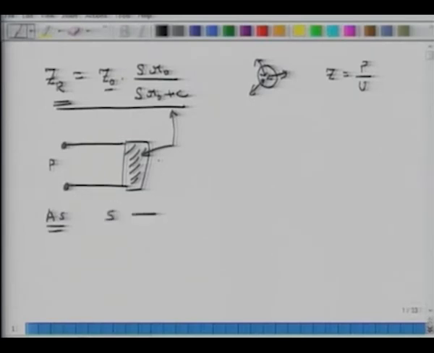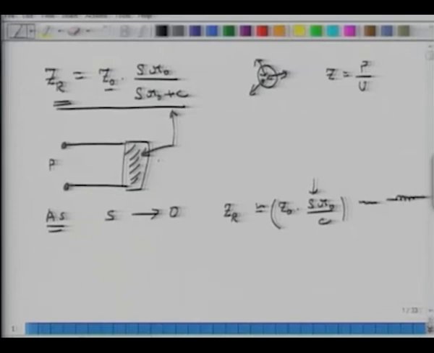As S goes to 0, remember S is j times omega, ZR approximates to Z naught times SR naught over C. So at low frequencies, the radiation impedance of a pulsating sphere looks like that offered by an inductor, because there's an S term and everything else is constant.